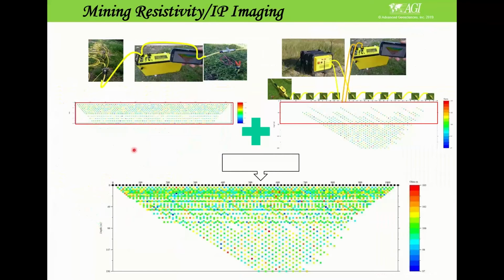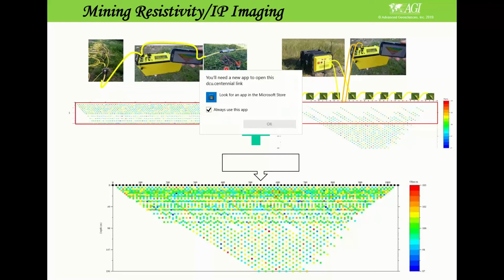The typical recommendation while you're setting up, whether you use a passive cable system or a dual mode cable system, is this. While you're preparing those lines in the field, first you prepare your passive multi-electrode cable line, and with the instrument SuperSting you collect, let's say, 8 or 16 levels of shallow measurement.